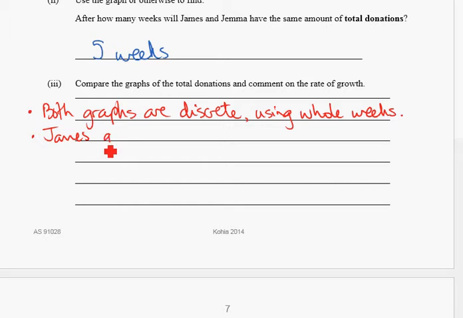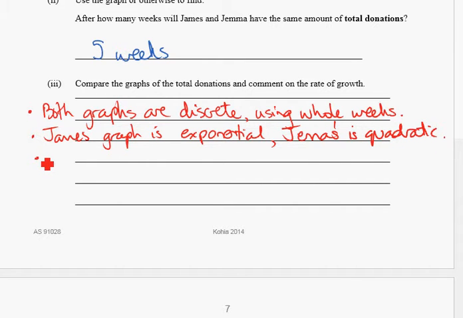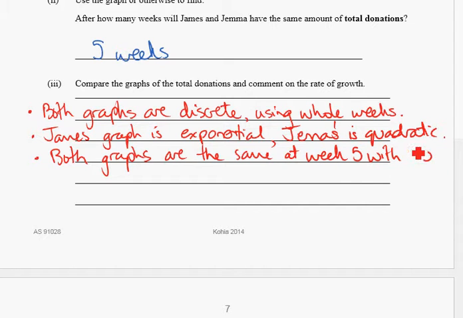James' graph is exponential. Jenna's is quadratic. Both graphs are the same at week 5 for $30.